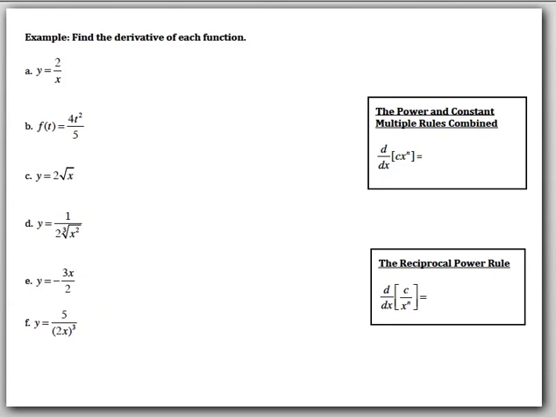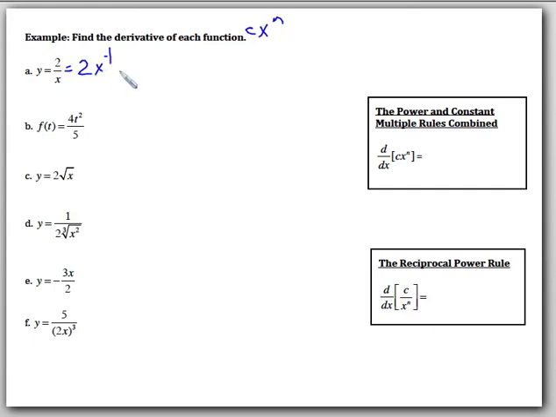So let's try some examples here. Now first, if we have 2 over x, we want to go 2x to the negative 1. So we do still want to get that form x to the nth power, or c x to the nth.